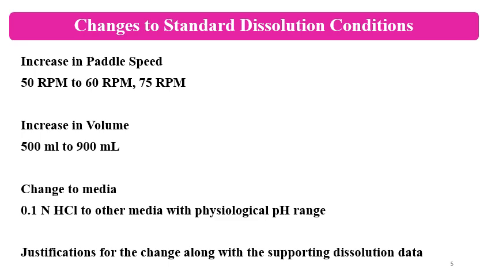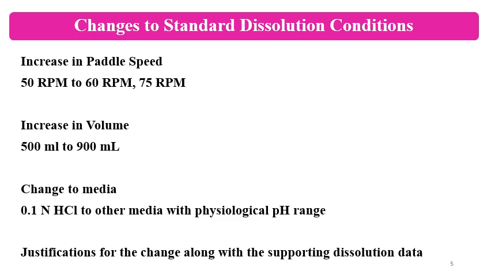If this increase in paddle speed is not working, then you can increase the media volume. But generally, if the API belongs to BCS class 1 or 3, the increase in media volume cannot be justified as sink conditions are met with 500 ml of media.